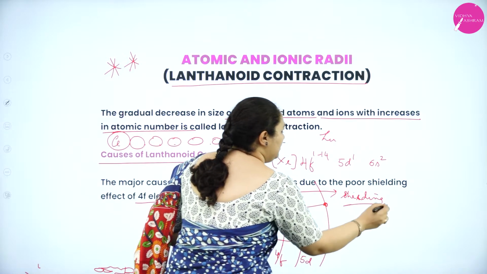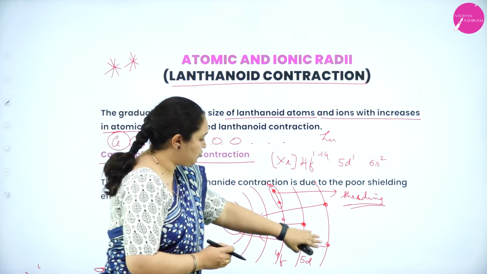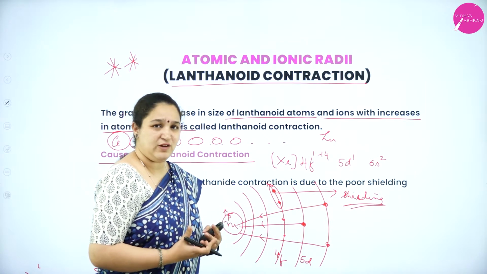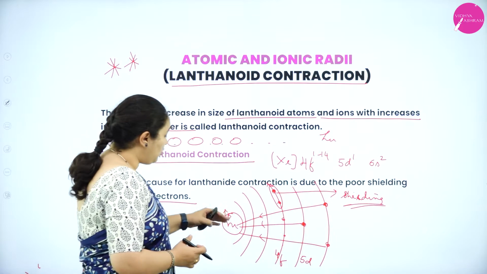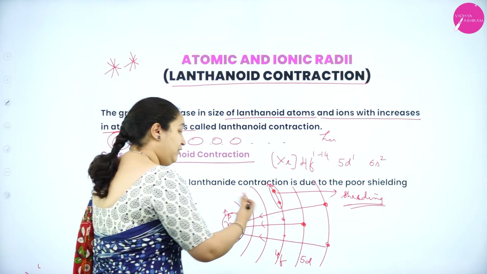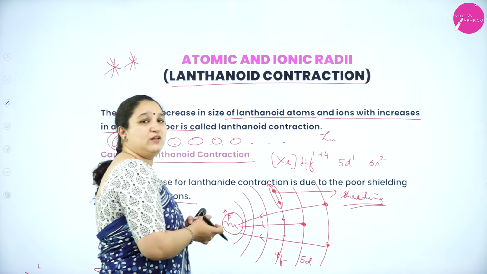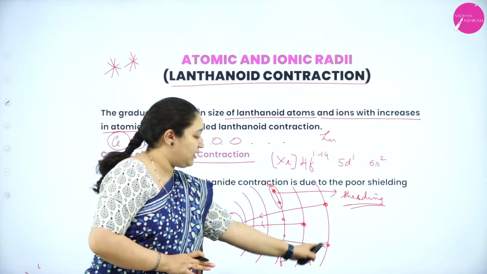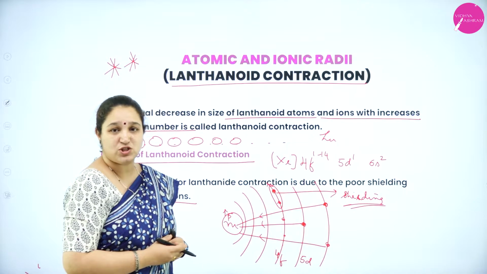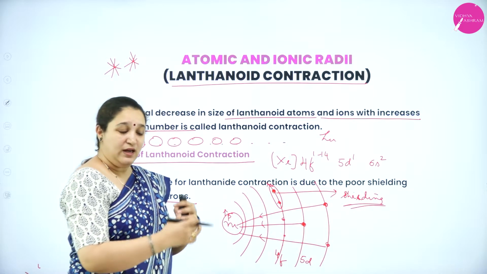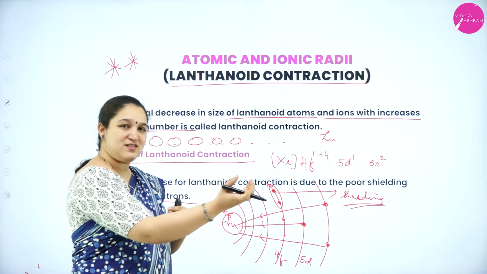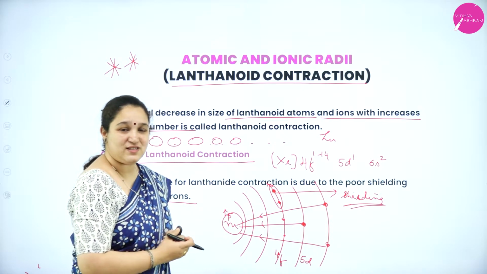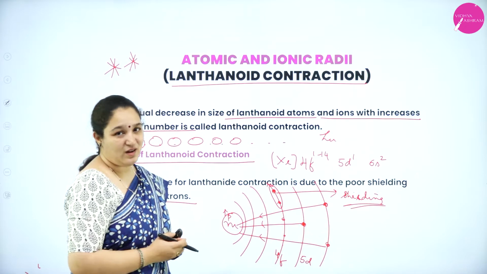That means they are not shielding the electrons in the outermost shell. Thus, when the protons increase, the effective nuclear charge also keeps increasing, because f electrons are not shielding the outermost shell electrons. Because of that, there is a constant decrease in the atomic radius as the atomic number increases along the period. Got it?